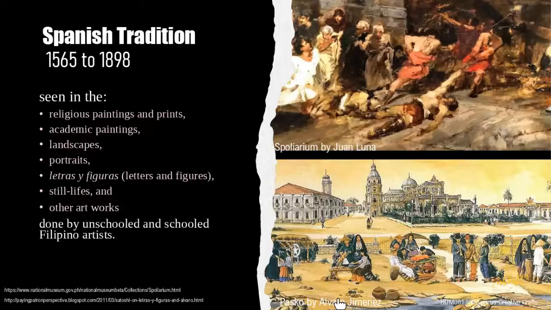This is an art form wherein the artist creatively forms letters by making the most out of the contours, colors, and shadings of different human figures, animals, plants, and other objects. So they normally showcase an individual's name, usually the one who asked the painter to do that artwork.